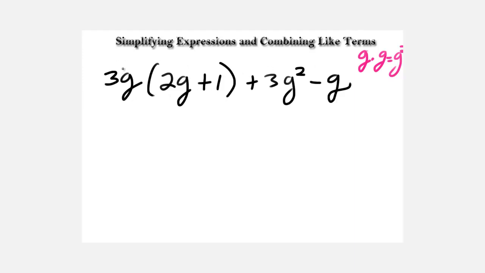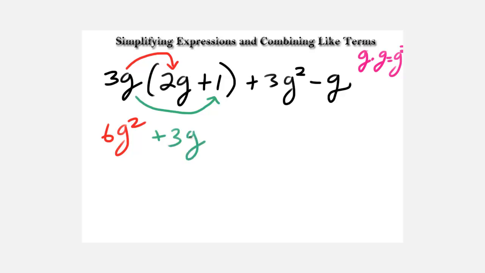Right? So knowing that, we can take a look at this one. So we're going to have to distribute. So 3g times the 2g will give us 6g squared. Right? And then here we'll do the 3g times the positive 1, so that'll give us positive 3g. Right?